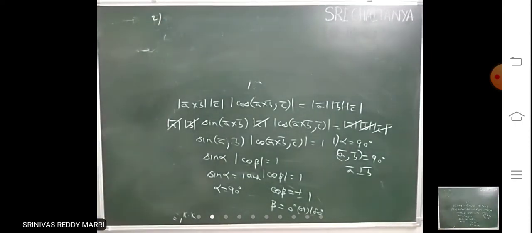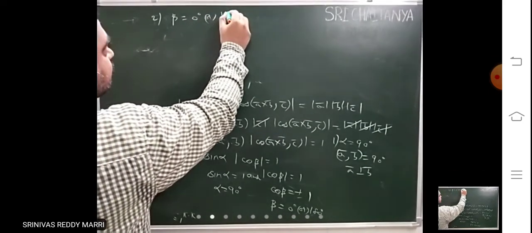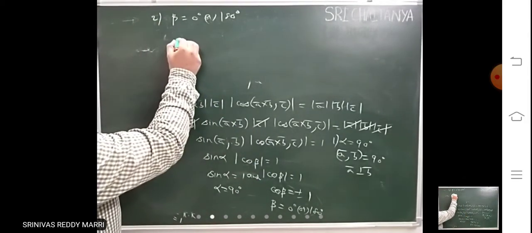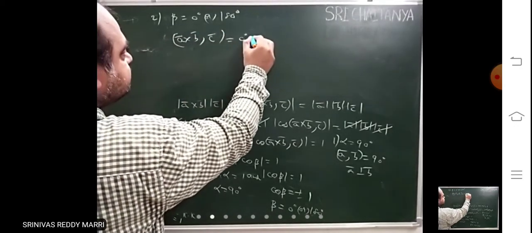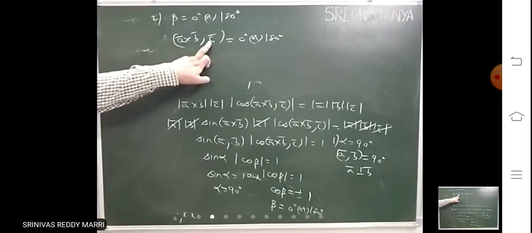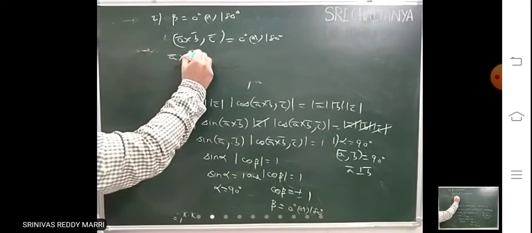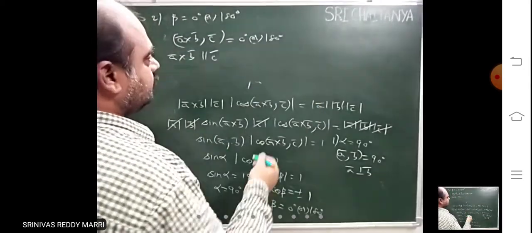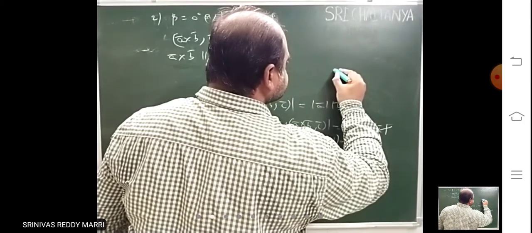Second case, beta is 0 degrees or 180 degrees. Beta is the angle between A bar cross B bar and C bar. The angle between this vector and this vector being 0 or 180 means A bar cross B bar will be parallel to C bar. Look at that.